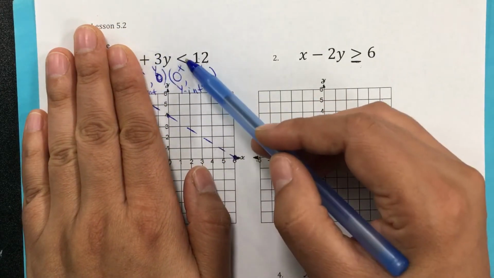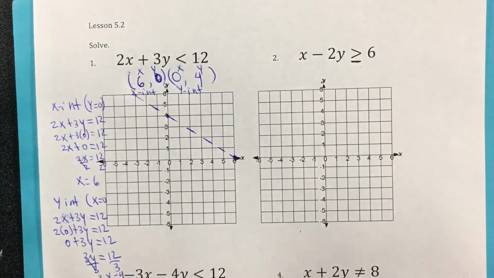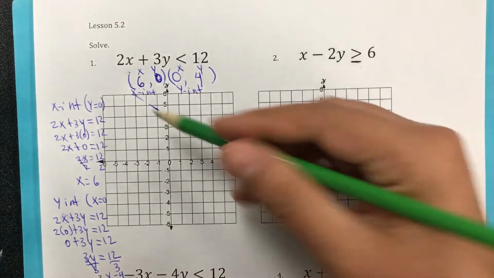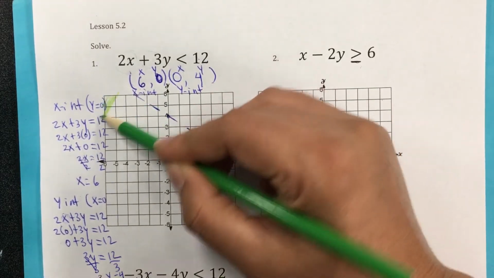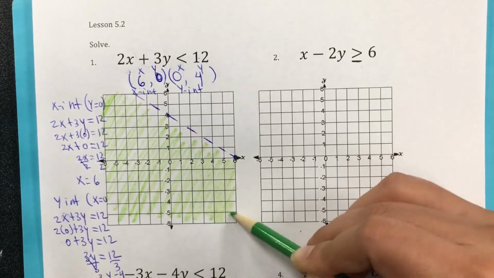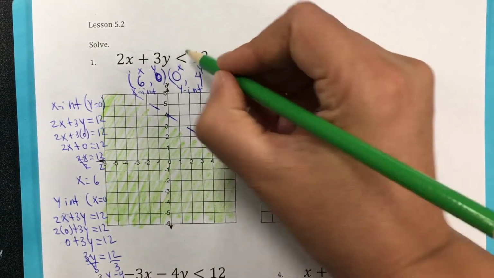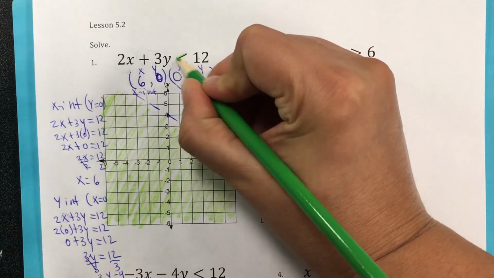So it's positive, we respect the less than, menor que. And so I'm going to shade right here. Menor underneath, less than, okay? If this is positive, respect the symbol.